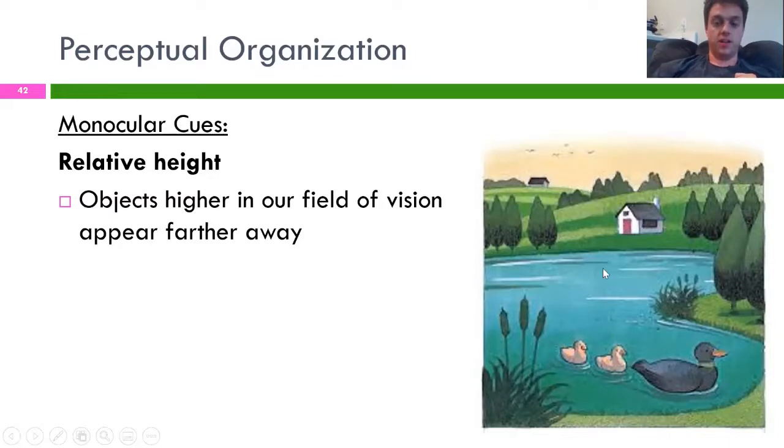By relative height, we mean that objects that are higher in our visual field appear far away. So looking at this picture here, the bush and the ducks obviously seem closer than the house because it's higher up in our visual field, right? We use that monocularly to perceive depth.